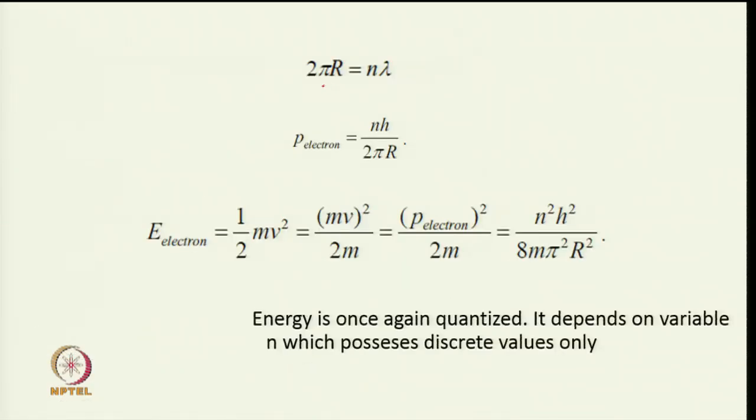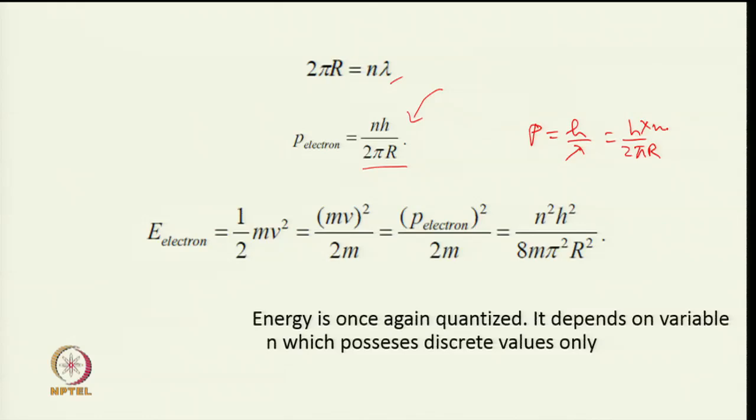So, 2 pi r is equal to n lambda, and we know that p is equal to h by lambda, and so your p will be n h by 2 pi r.